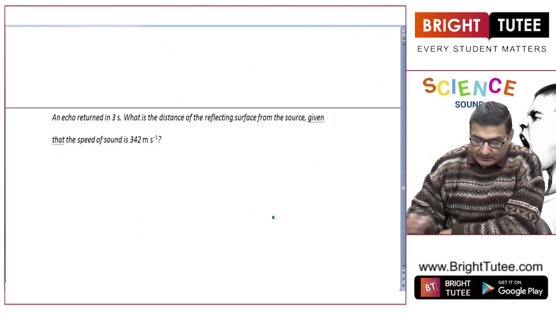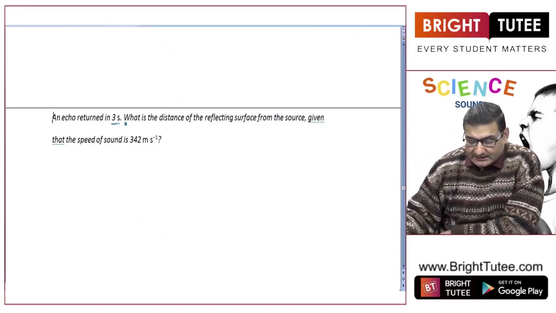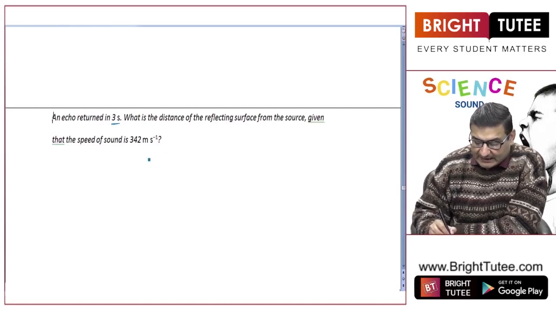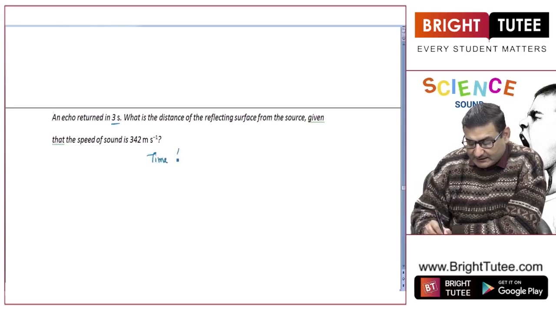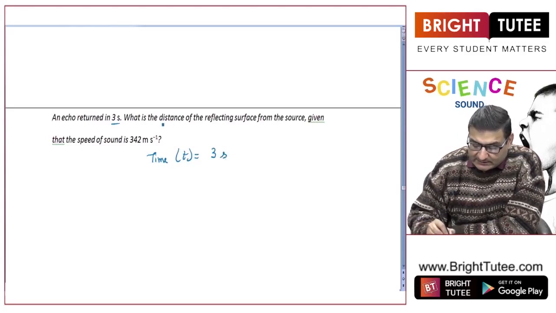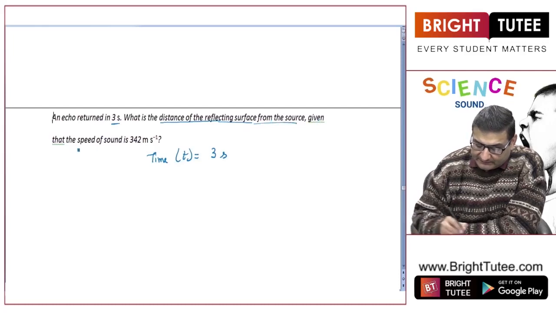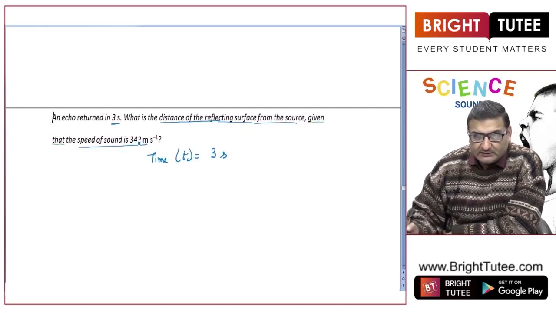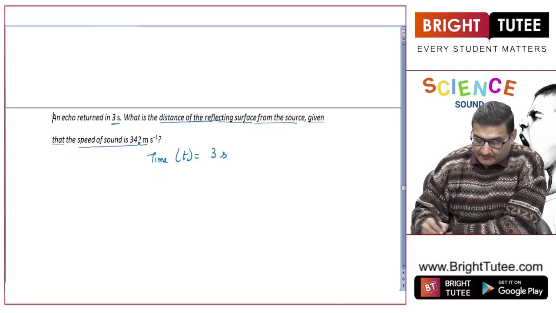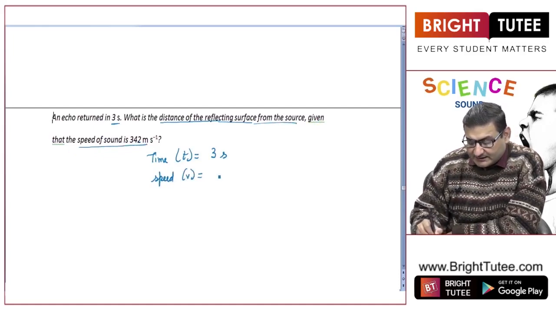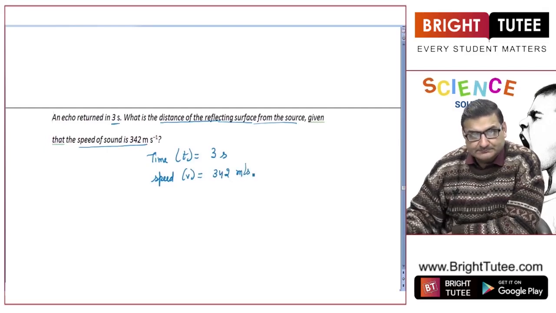An echo returned in 3 seconds. Time given to us once again is 3 seconds. What is the distance of the reflecting surface from the source, given that the speed of sound is now 342 meter per second? Speed of sound, that is v, is given to be 342 meter per second.